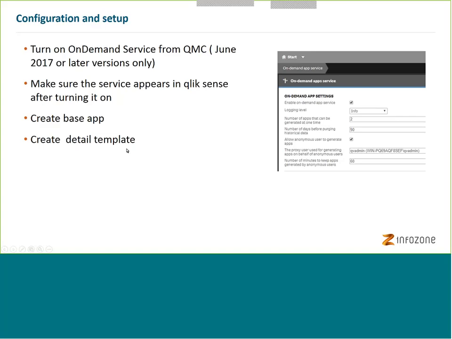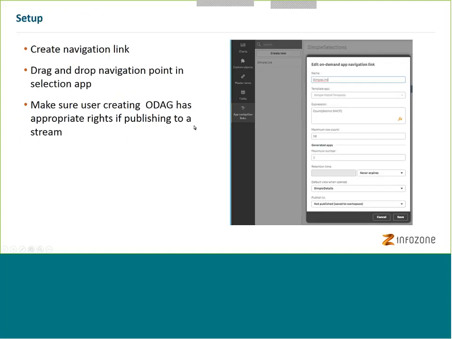In order for you to be able to set up a navigation link, you first need to have a base application, a selection application created, and create a detailed template as well. The reason behind it is because when you create a navigation link in your selection application, you actually will have to specify what template app you will select. So you will give a name to your link.